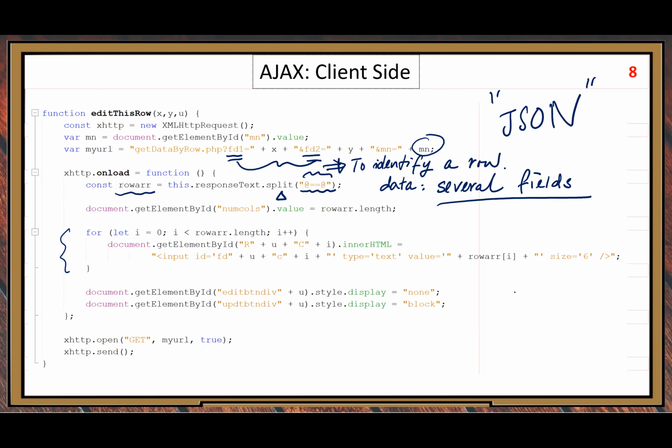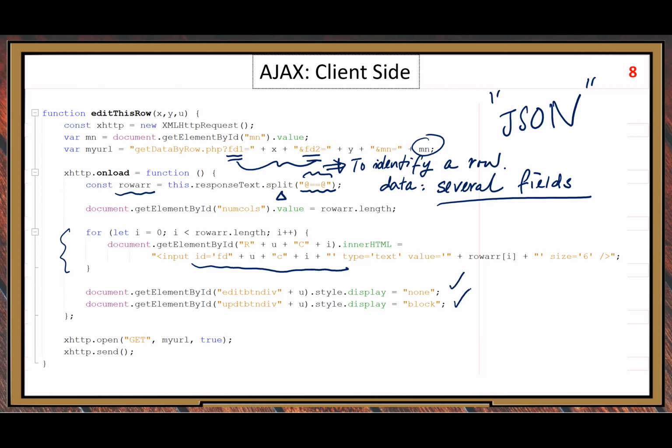And for each input field, you give an ID, because later you need to retrieve the value using this ID. That's why each input gets an ID and a name.